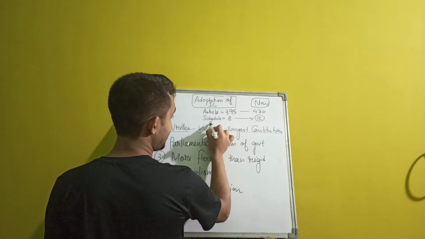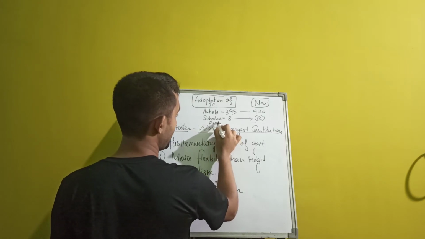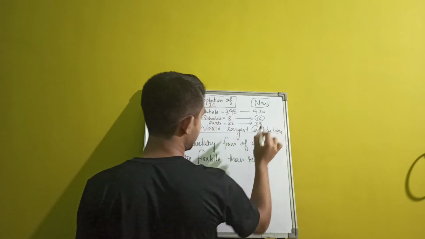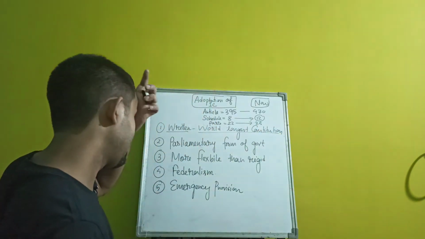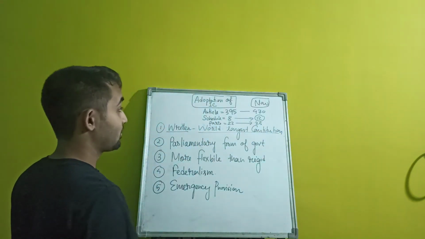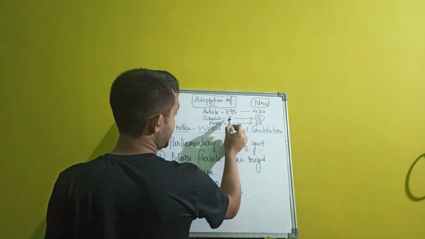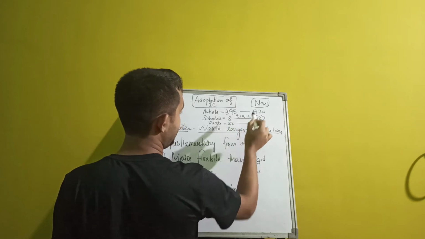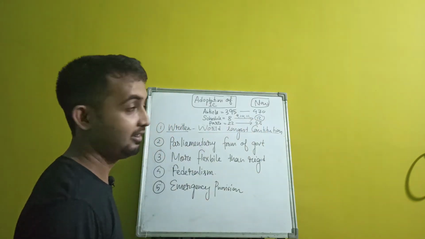How many parts are there? If you see, originally 22 parts, but now we have 25 parts. If you see 8, 9, 10, 11 and 12, these are newly added.